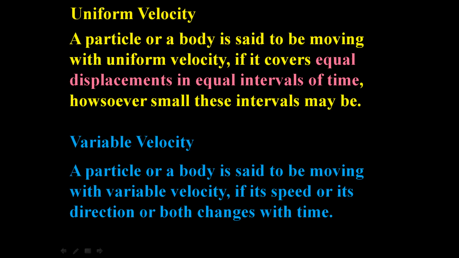Variable velocity means it could be variable speed, that is, the magnitude is changing, or sometimes it can be uniform speed but with a change in direction. For example, if an object is moving in a circular path, its speed is constant, whereas its direction will keep on changing.